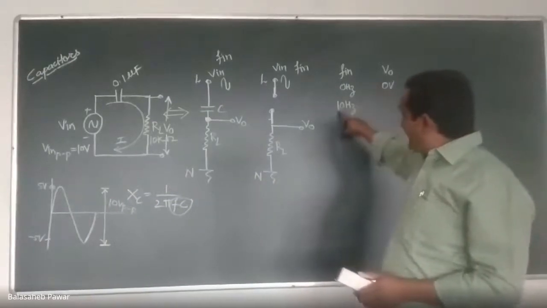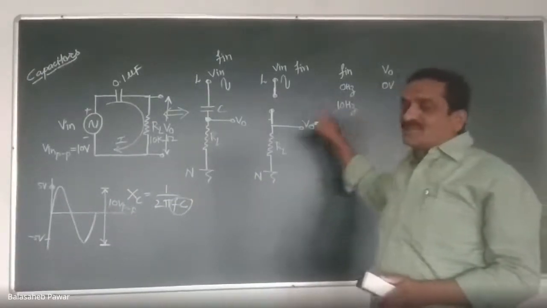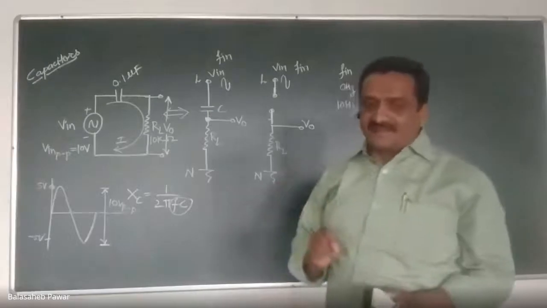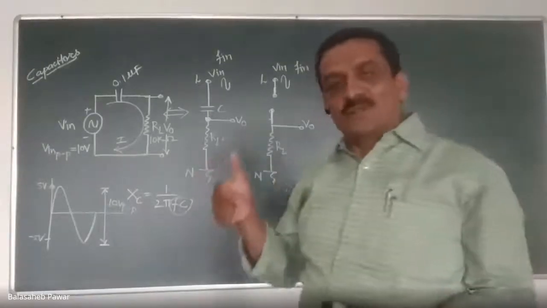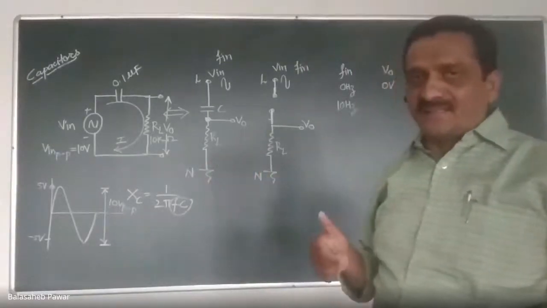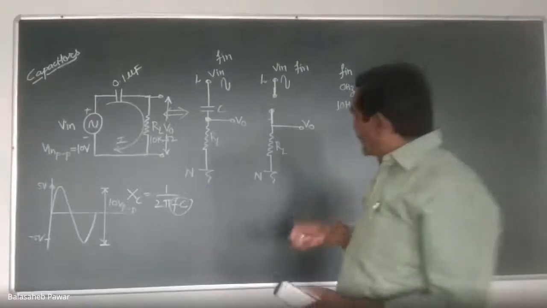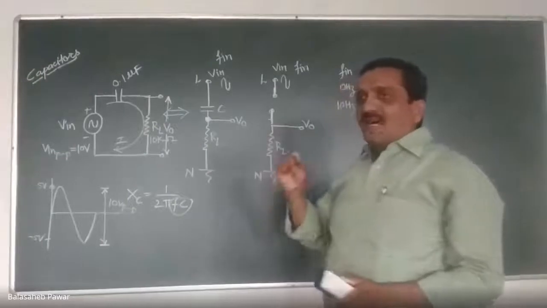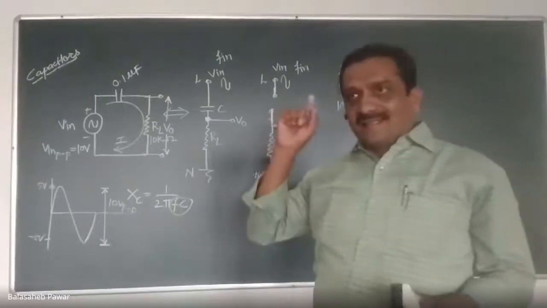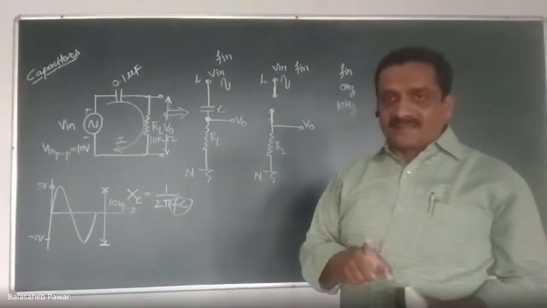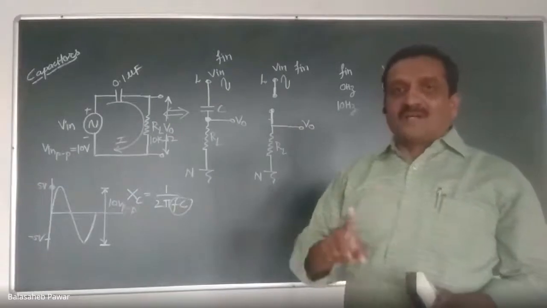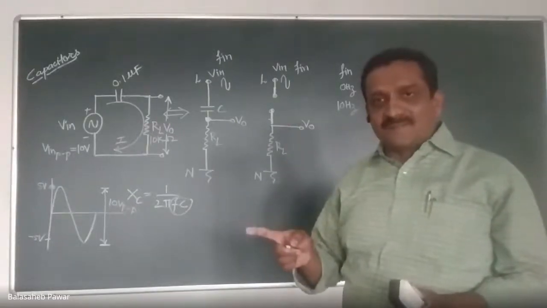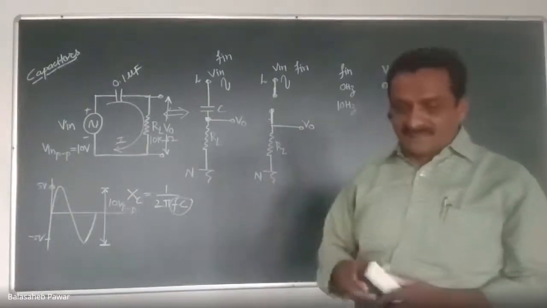For the second case, if I apply input signal frequency of 10 hertz, with amplitude 10 volt peak to peak, will the obtained output be 0, less than input, equal to input, or greater than input?